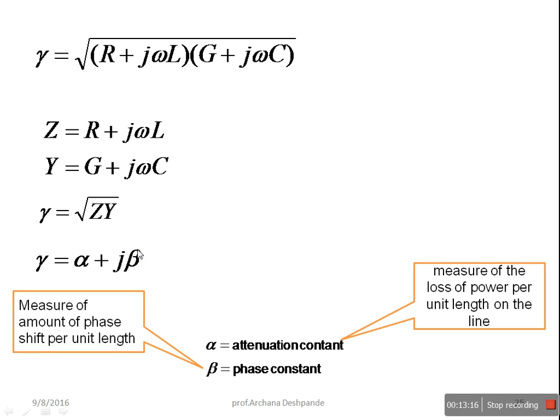Similarly, j beta is called the phase constant, and it is the amount of phase shift per unit length. So as this wave propagates over the transmission line, the amount of phase shift present on the transmission line is denoted by this beta value.